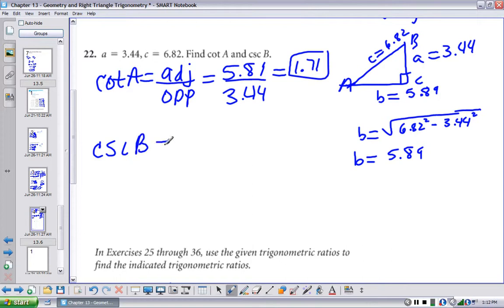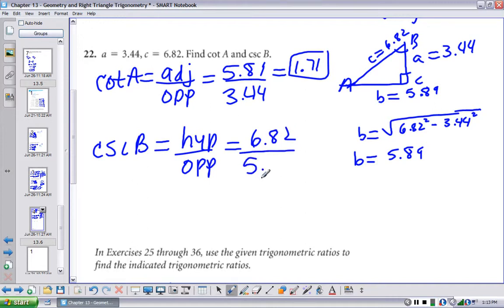And then cosecant B. Cosecant is hypotenuse over opposite. We're looking at B. So hypotenuse is 6.82 over the opposite side of 5.89. And that quotient is 1.16.